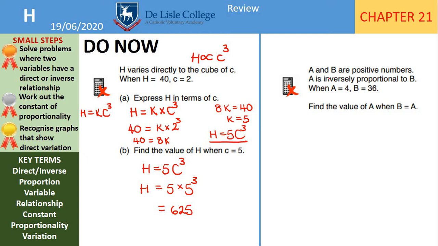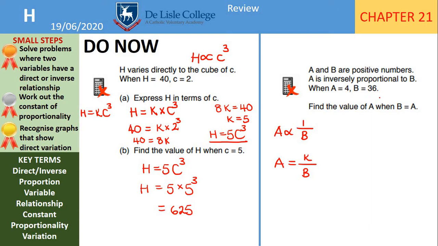For the next question, a and b are positive numbers. A is inversely proportional to b, so this would give us this relationship here. Remember that a is here, and then inversely proportional means the reciprocal of b, so it becomes a is proportional sign with 1 over b, and this would give us the formula a equals k divided by b.